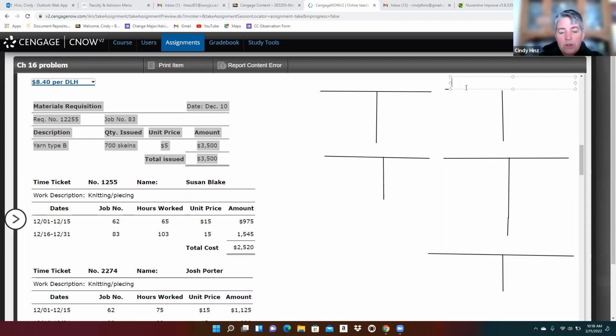And so we start with our materials inventory and our factory overhead, and so we'll put the 3 inventory accounts across here and the right hand edge, work in process and finished goods.